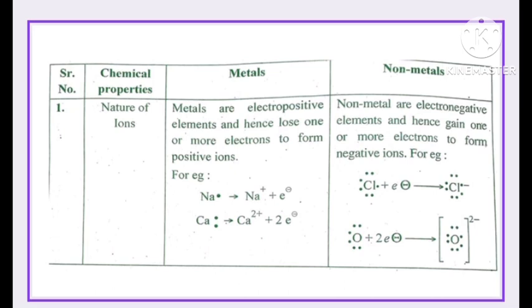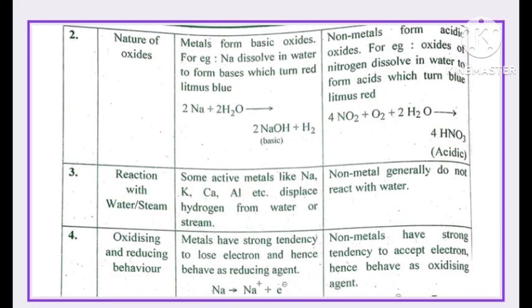Now let us discuss them one by one. Nature of ions. Metals are electropositive elements, hence they lose one or more electrons to form the positive ions, whereas non-metals are electronegative elements and hence gain one or more electrons to form the negative ions. Examples are written on the screen. Second chemical property is nature of oxides.